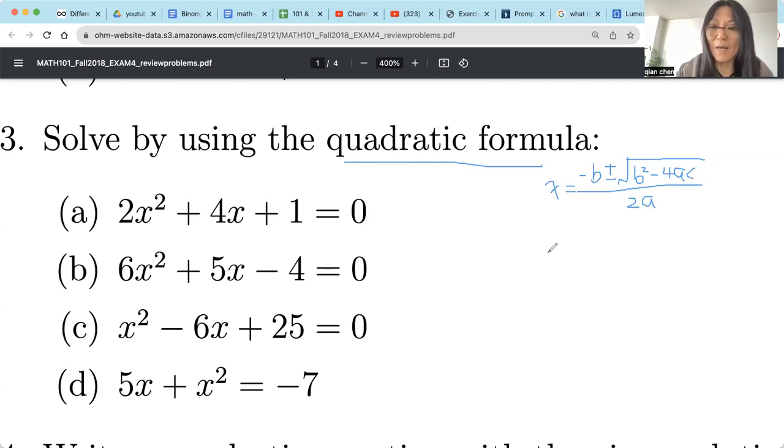So we just have to identify the a, b, c values. A is the number before x squared. B is the number before x. C is the constant. Then we just plug in, right?